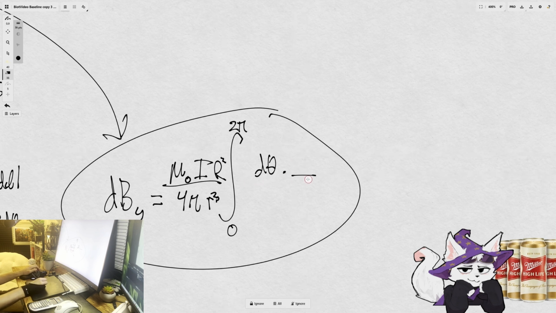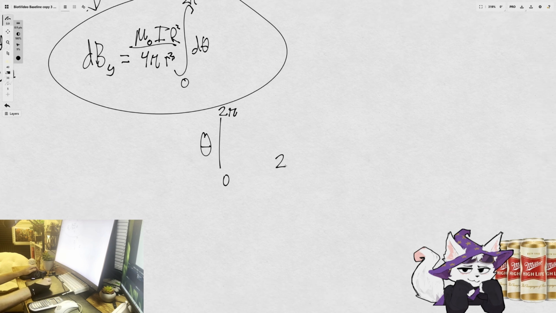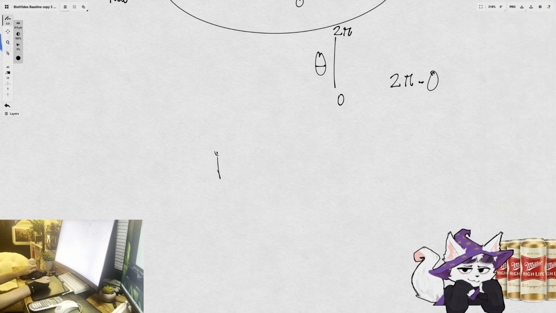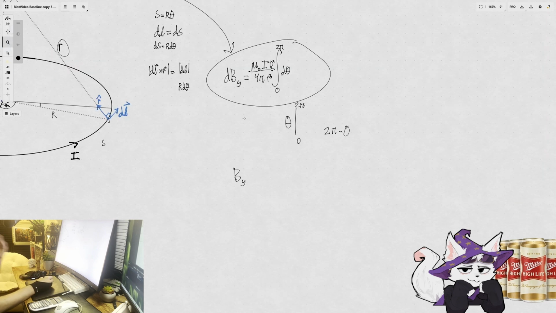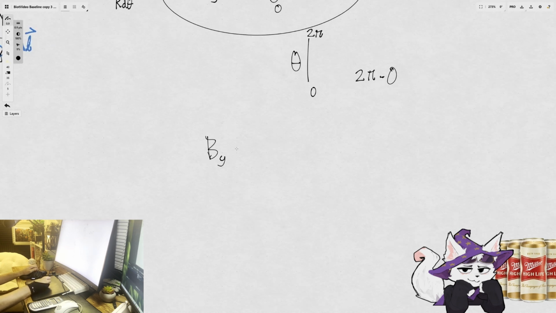And simply we're left with our d theta. And we know that will just be theta evaluated from 0 to 2 pi, which is equivalent to 2 pi minus 0.